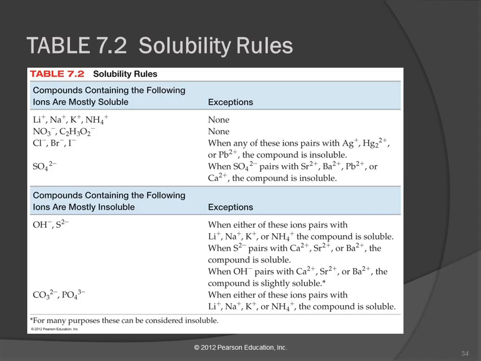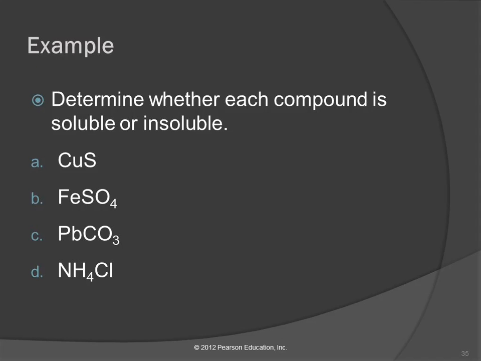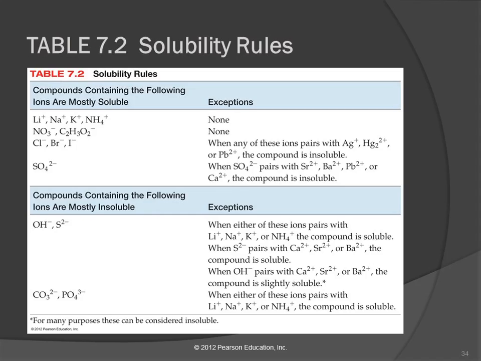So we need to learn how to use this table. Determine whether each compound is soluble or insoluble. The first one is copper sulfide. Well, we have to go look at the table. We're looking for copper and sulfide. Start at the top. We don't see copper or sulfide. That's sulfate, but that's not the same. Here we go with sulfide, S2 minus. So mostly insoluble except lithium, sodium, potassium, ammonium.